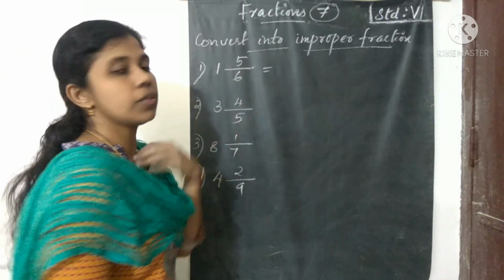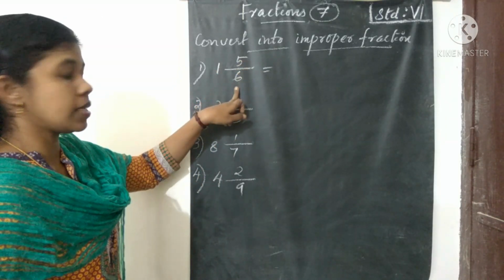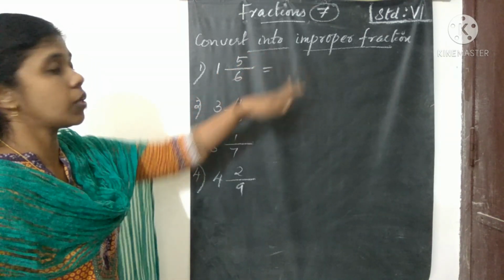Next, convert into improper fraction. First, 1 and 5 by 6. How can we convert this mixed fraction into improper?